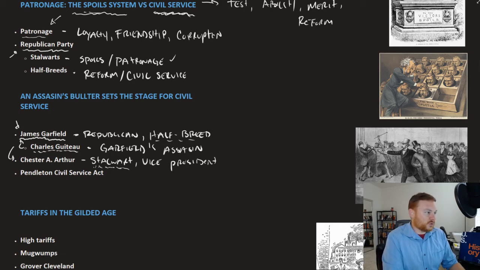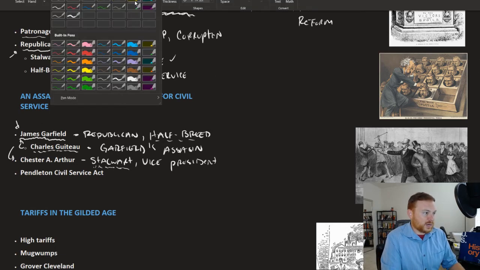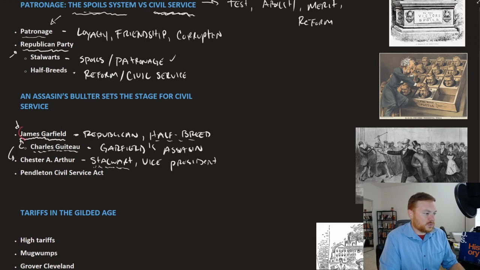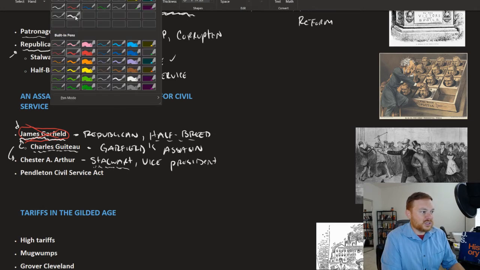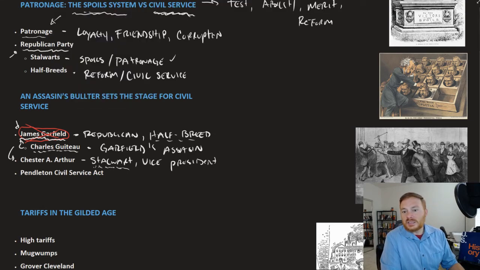So when James Garfield was assassinated, he was shot in the back and he died, in fact, some time afterwards. Chester Arthur became president, but to the surprise of many, he actually embraced this reform/civil service side. They called him a man without a party, because he had kind of flipped his position, so to speak.